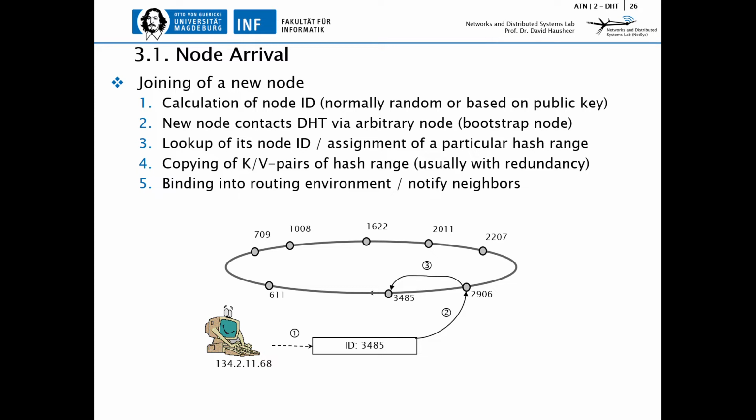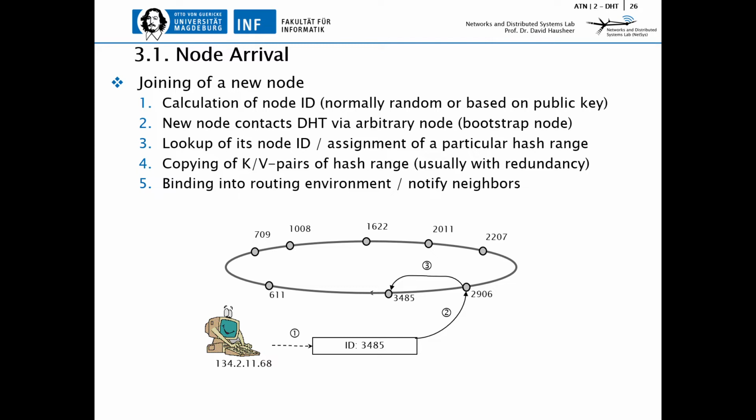Then that new node contacts the DHT network via any arbitrary node, which in this case is called the bootstrap node. And based on that initial contact, the new node then looks up its own node ID in that network. Based on that, the new node then gets a particular hash range assigned to it.